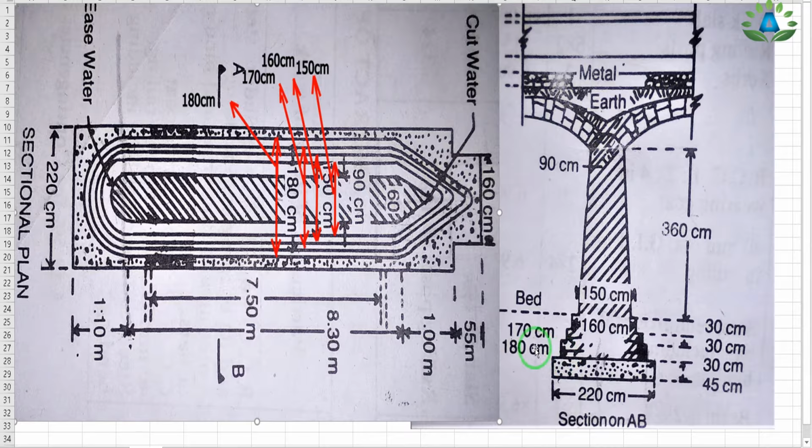So the width of this first footing is 180 centimeter from our section on AB. That means the total width of this footing from this side up to this side is 180, and this portion is equal to this portion. That means the diameter. So we get our diameter 1.8 meter.